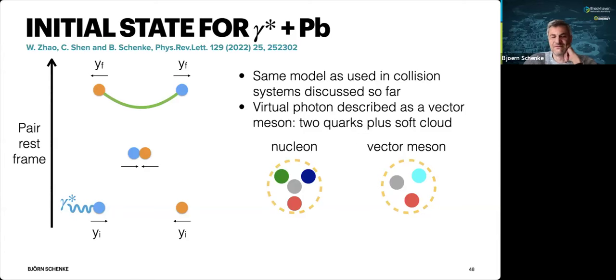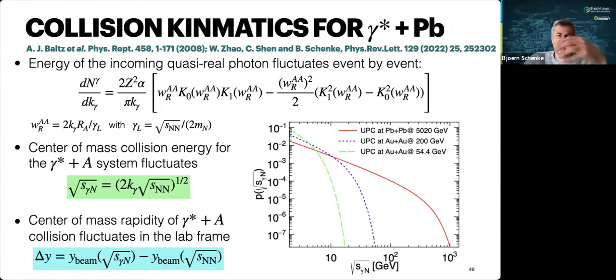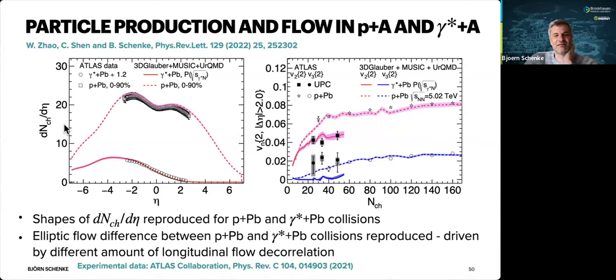So instead of three quarks, you have two. So here I have the two quarks, and then I also have one dot for the soft cloud that we include as well. So you have 4 and 3 hotspots in the simulation. I don't want to go through this, but this is just saying the energy of the photon can fluctuate, and that's important to describe the rapidity distribution. So here we fit everything to proton-lead.